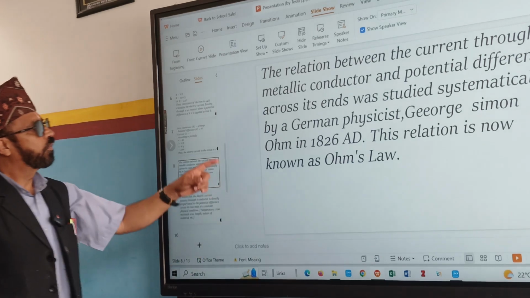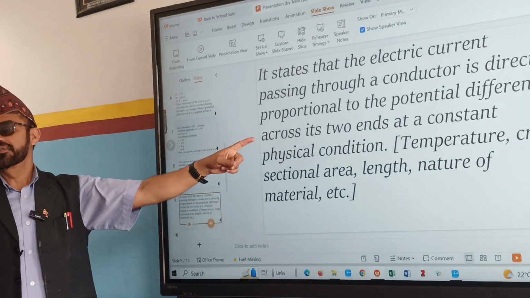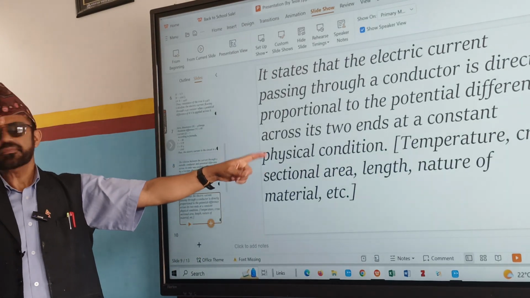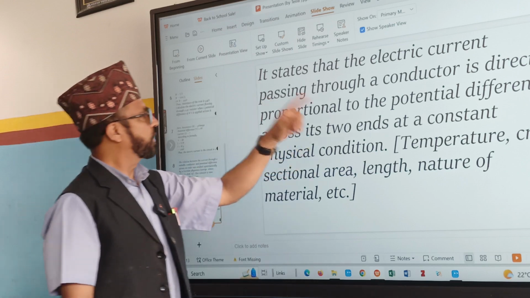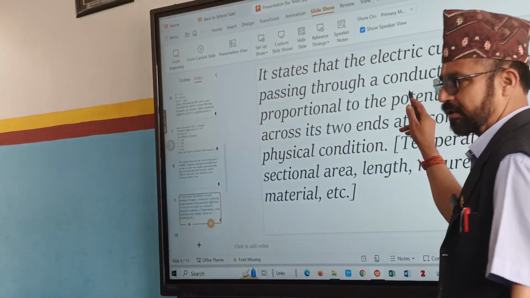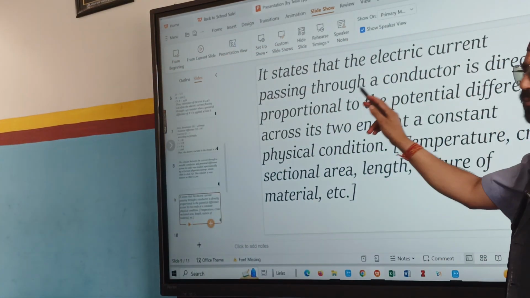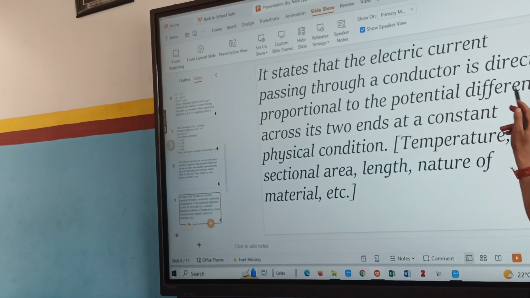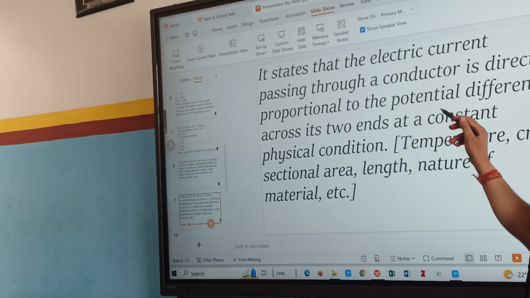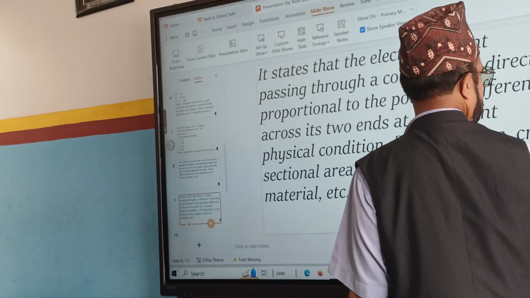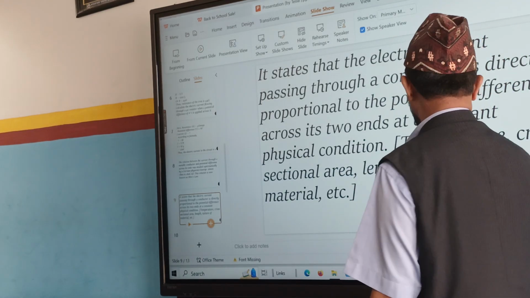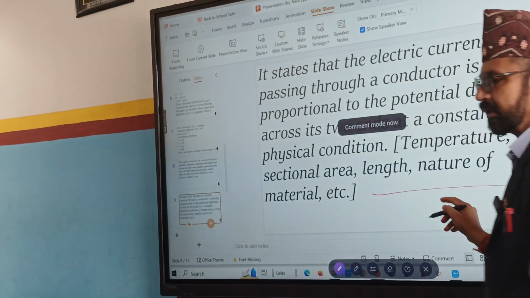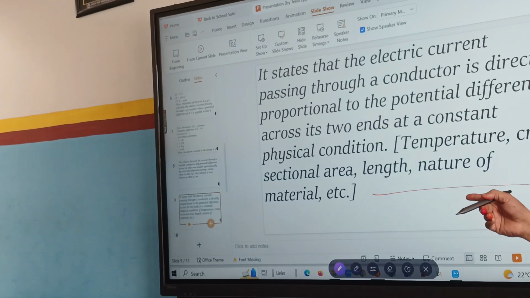And what does Ohm's law state? The electric current passing through a conductor is directly proportional to the potential difference across its two ends at constant physical conditions. Suppose current is flowing through this conductor.